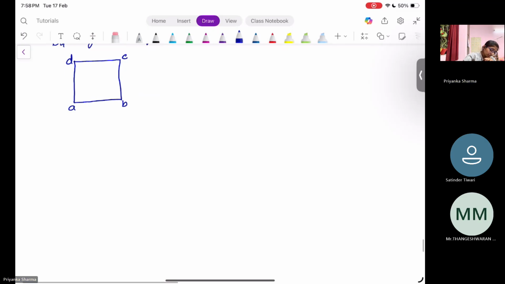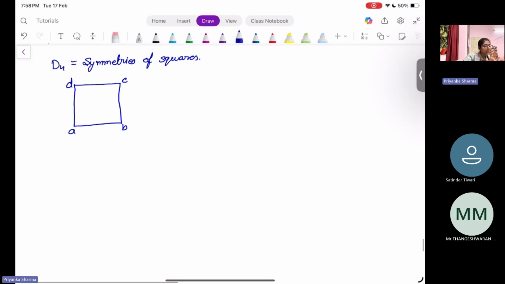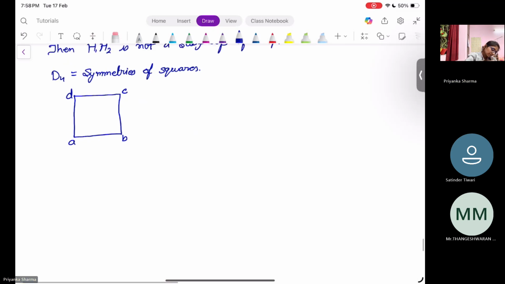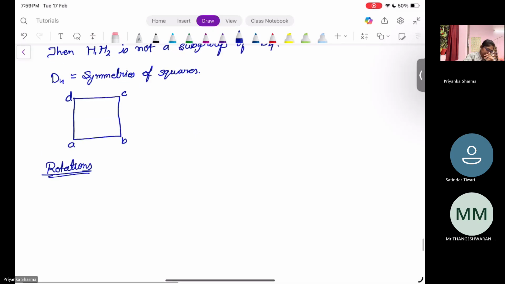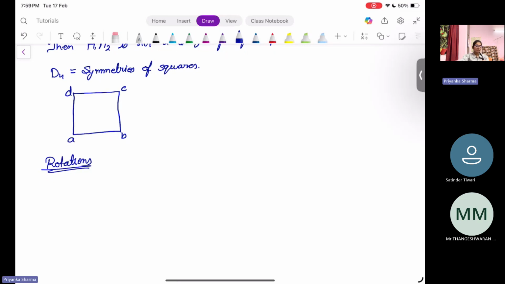Now in D4, or in Dn in general, we have two types of elements. First is rotation, second is reflection. Rotation means we rotate it by an angle so that the symmetry doesn't change.